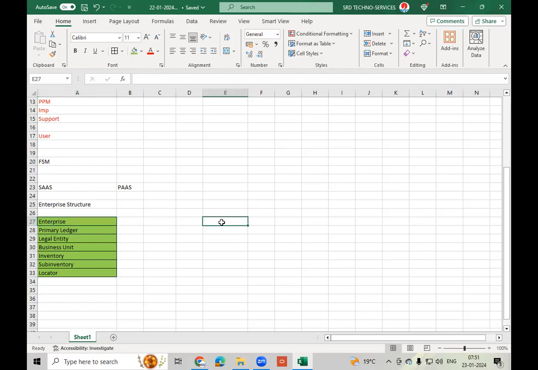See now, for example, Tata Group and TCS. What is the difference between these two? TCS is one of the lines of business under Tata Group, right? TCS belongs to Tata Group.